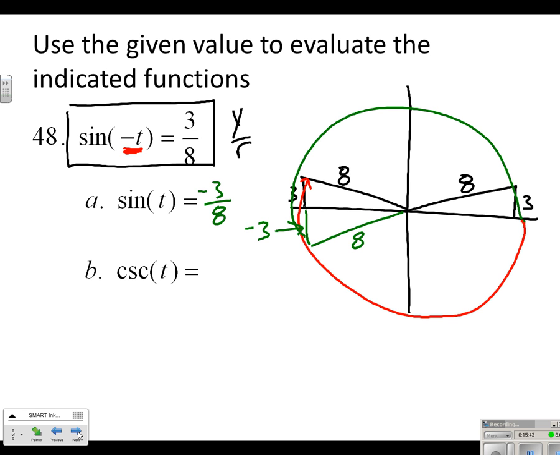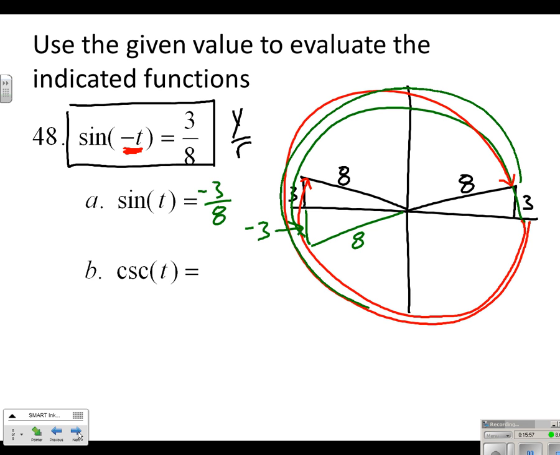That's what sine is, y on r. But what about if it's the other triangle? Well, let's go back to our rotation of t. What if t rotates all the way around to there backwards? Where would positive t rotate us to? All the way around to right here. Still negative 3 on 8 is our y on our ratio.